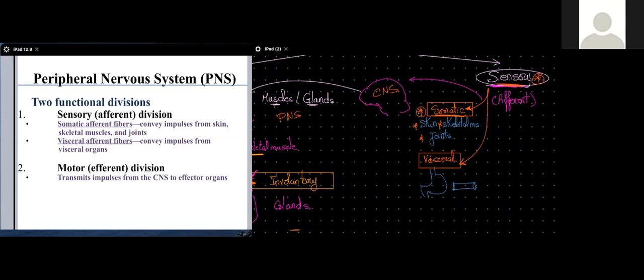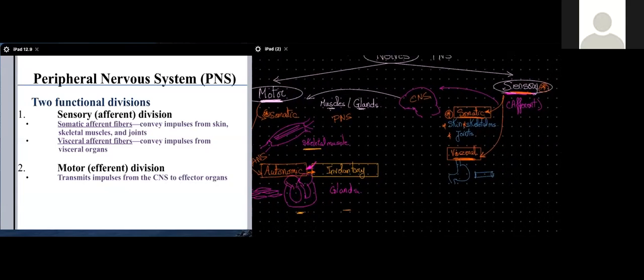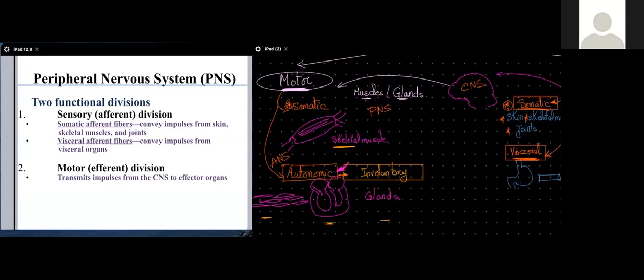If I'm collecting signals from the visceral organs, this is going to be visceral sensory nervous system. What if I'm sending out motor signals to the effector organs? Again, what effector organs would you have responding to those motor signals that you get out from your central nervous system? Either you're affecting muscles or glands.